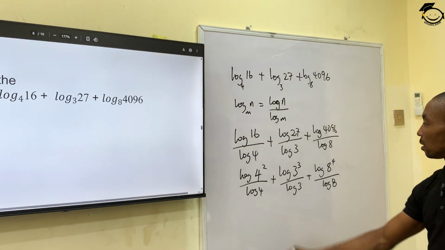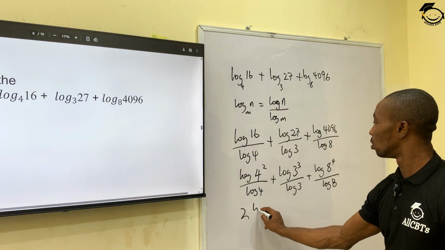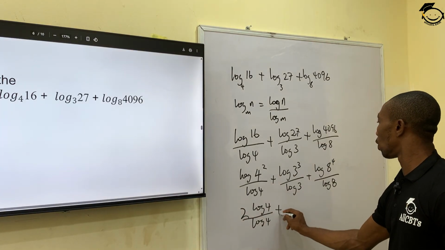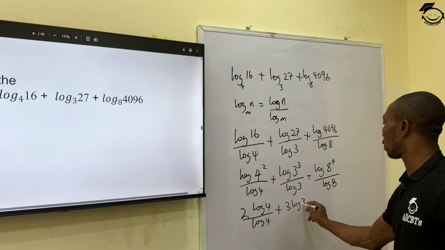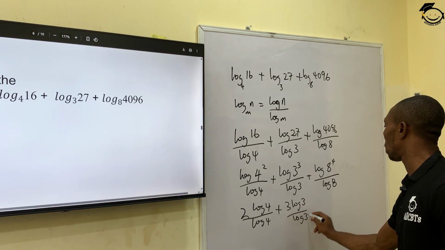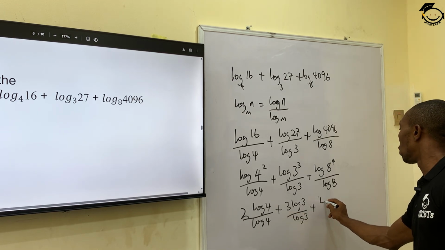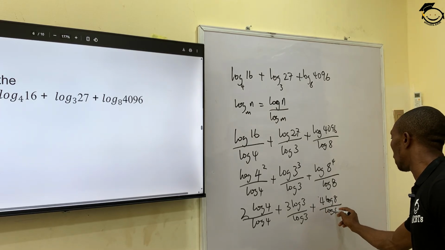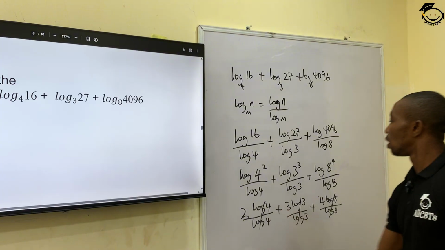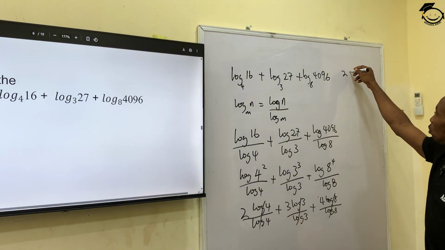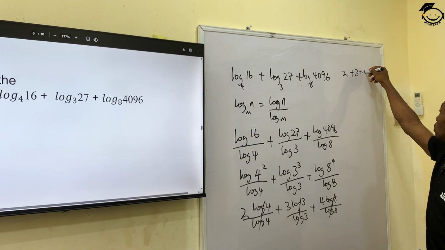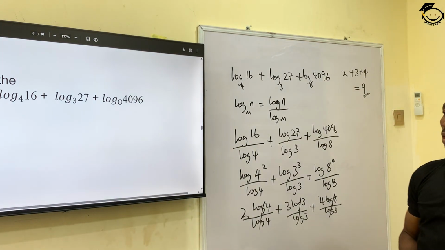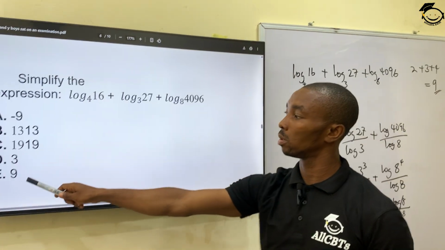Now converting this, we have 2 log 4 over log 4 plus 3 log 3 over log 3 plus 4 log 8 over log 8. So this will cancel out, leaving us with 2 plus 3 plus 4, which will give us 9. So our answer will be 9, which is option E.